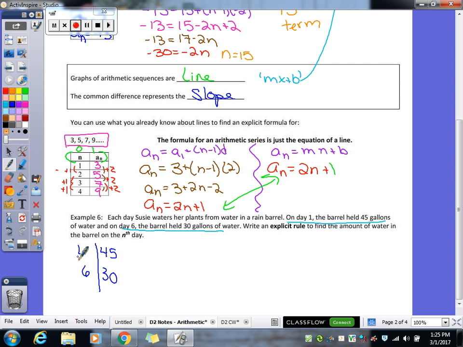So this is one of the ones where it's set up so it's going to be easier to do your slope formula: y2 minus y1, if you guys remember your slope formula, over x2 minus x1.